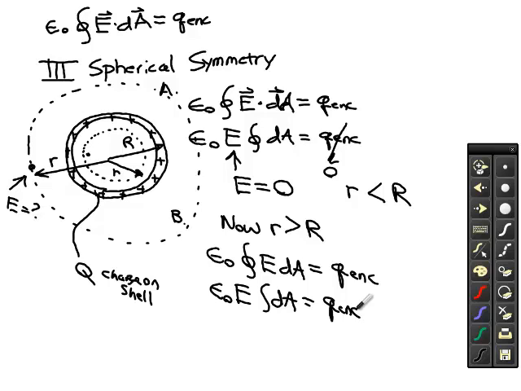Second question. How much of big Q is enclosed by our imaginary sphere? All of it. So I really should write at this point, since the charge enclosed by my shape is all of it, that's what I'm going to put there.